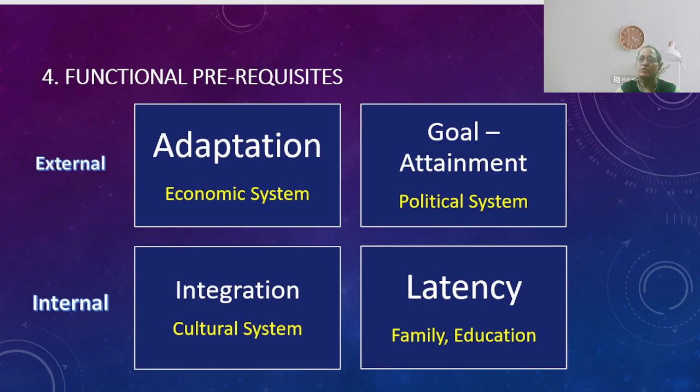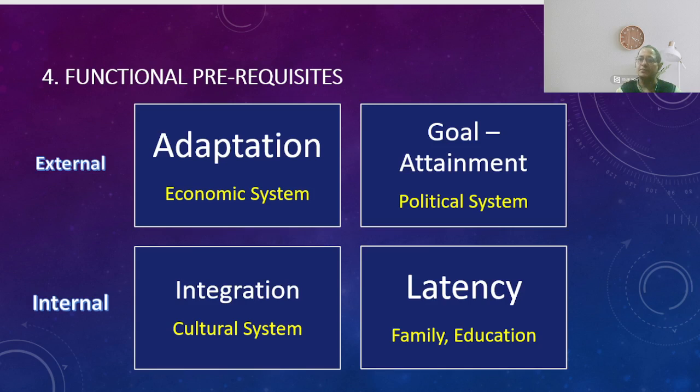So if society needs to remain in a state of stability, then the four prerequisites are adaptation, goal attainment, integration, and latency. That is A, G, I, and L. Now here it is written on the left hand side: external. Adaptation and goal attainment are external, because the systems they adhere to are the economic system and the political system.